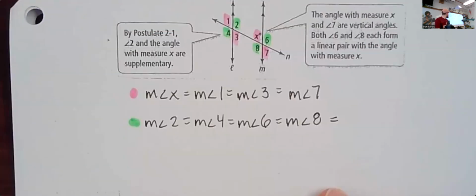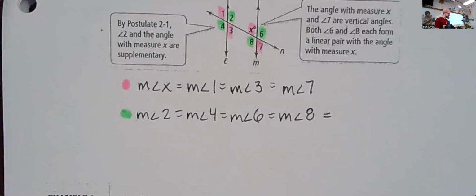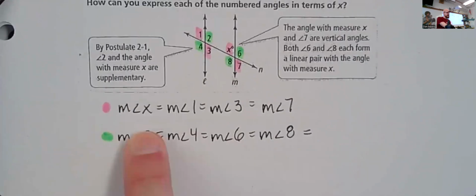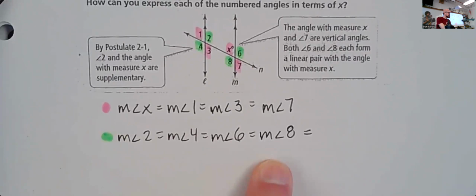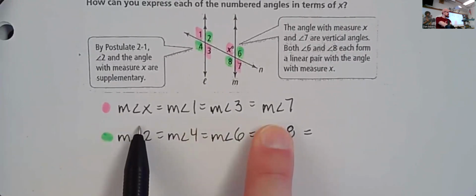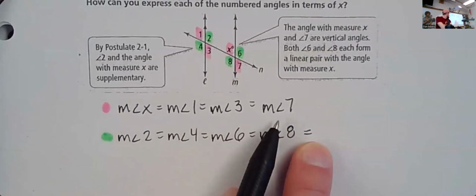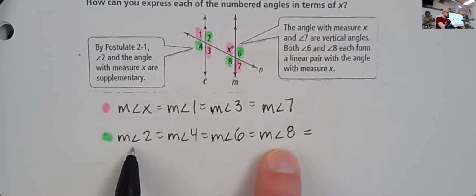So real quick, what could we say about the measurement of these angles if we don't know what x is? What did you do to get 100 for these ones? Well, if these are all 80 degrees, all of these have to be 100 degrees. Because the two pairs of angles will always be supplementary.